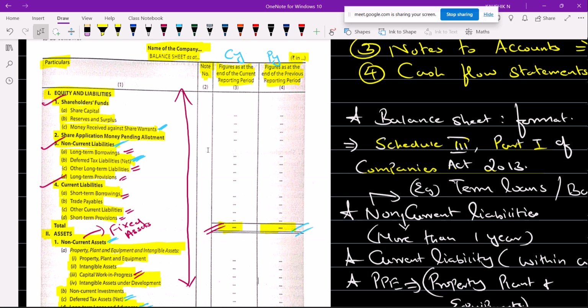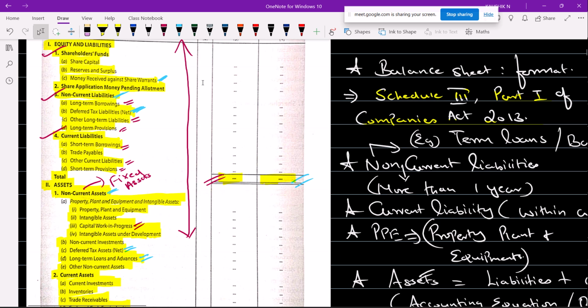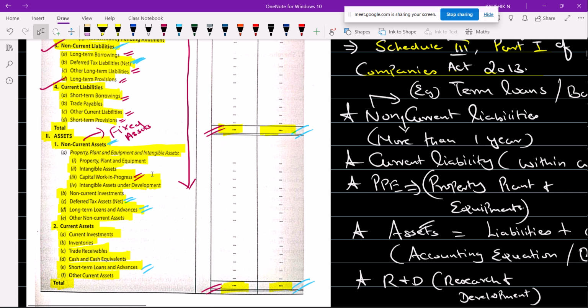I'll scroll down for the asset category also. Completed, sir. With both asset and liabilities, or only the liability? Liabilities. Liability got over. Okay. Then now switch over to your asset category. Make it fast.